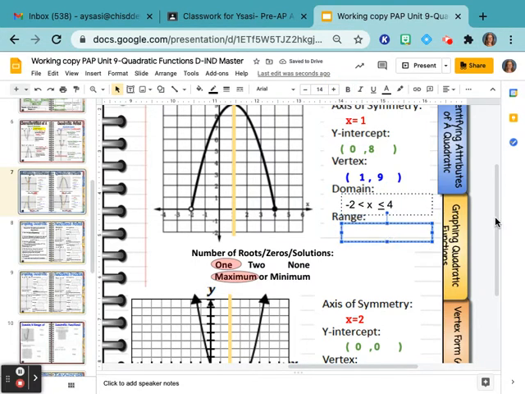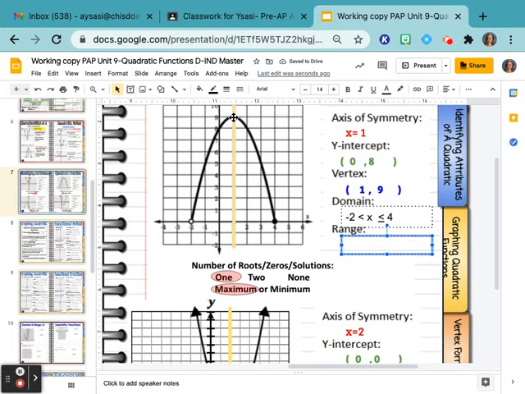Now the range goes all the way up to 9 and all the way down to 0 because you're looking at your y-axis. How high does it go? How low does it go? So it starts at 0 and it goes to 9. So y is between 0 and 9. Is it equal to 0?